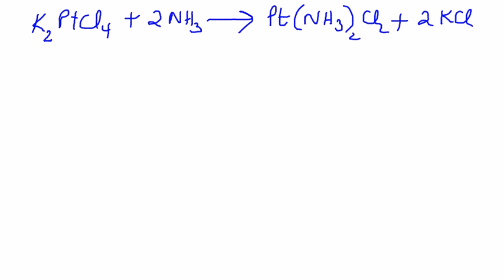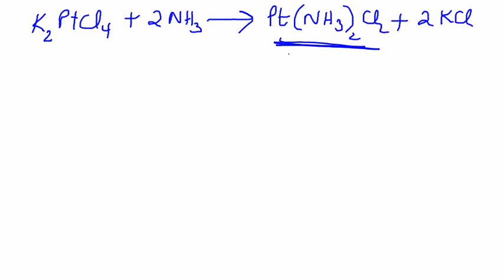Okay, I'm on slide number 27, which is this reaction that I'm showing you. Potassium tetrachloroplatinate reacting with ammonia, 2 moles of ammonia to give you cisplatin. This molecule here is a currently known drug, clinically used drug for cure of cancer of ovaries, head and shoulders.